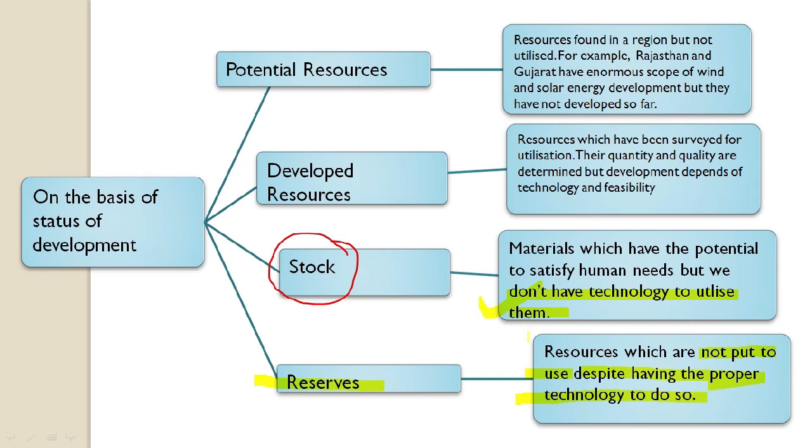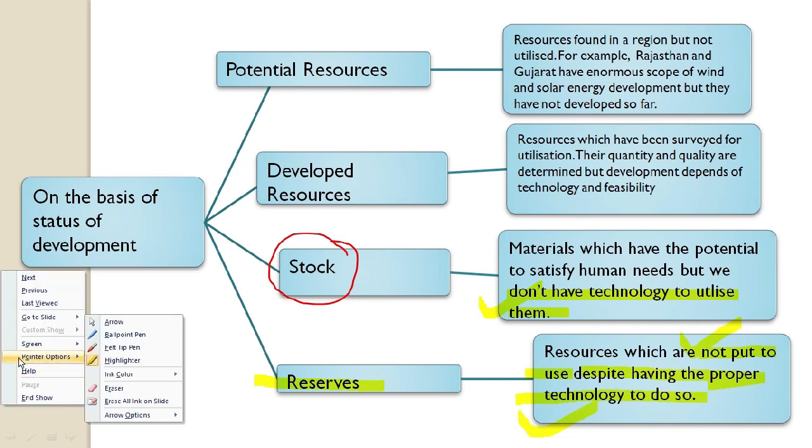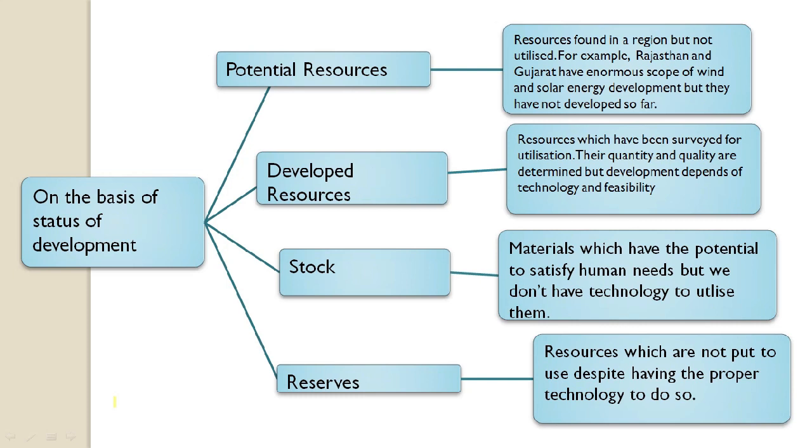But when we come to reserves, we have the technology to do so, but despite that these resources are not being put to use. This must be very clear, and this will form a question in your assignment. So please go through your textbook very carefully.